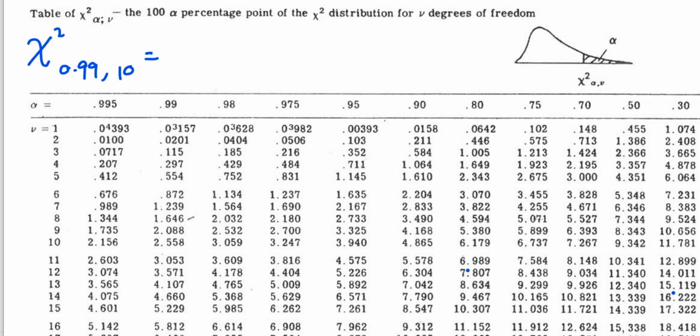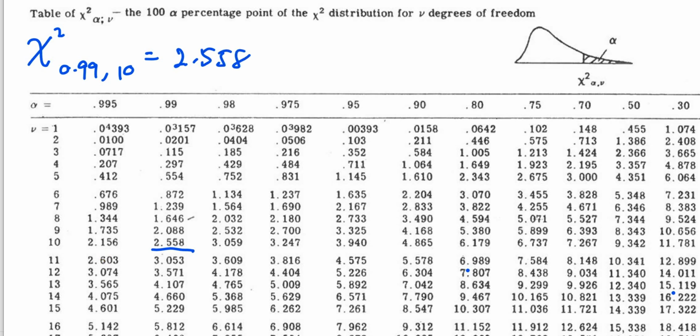Let's say we want to find the value of chi-square for alpha 0.99 and V is 10. The degree of freedom is 10. So 0.99 is here, the alpha, and V is 10. So here is the chi-square value, 2.558.